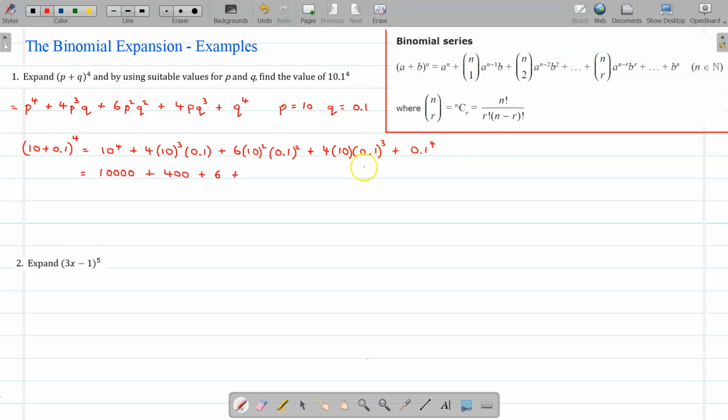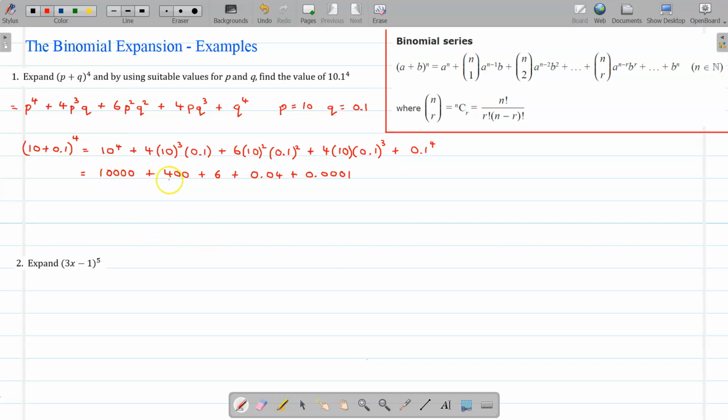Now 0.1 cubed is 1,000th, so it's 40 over 1,000, which is 0.04. And finally we have 0.1 to the power 4, which is 0.0001.